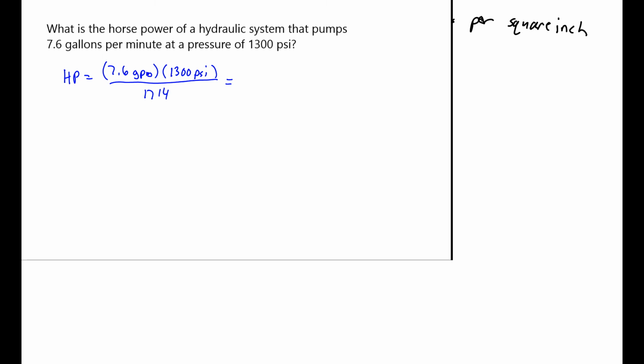And what do we get for our horsepower? 5.76 horsepower. Questions on that one? Is that the unit? Yeah, HP is usually the abbreviation for horsepower.